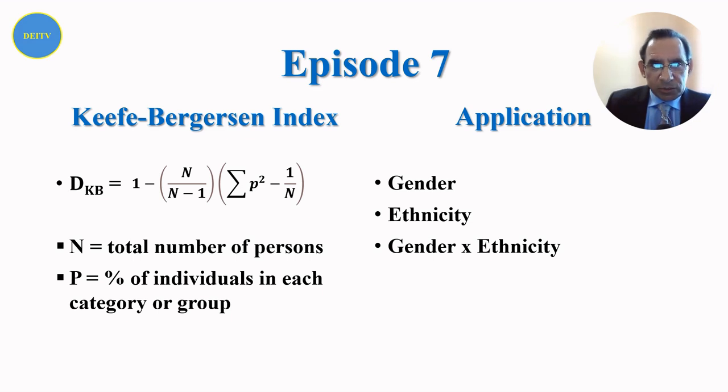P represents the percentage of individuals in each category or group. Consistent with this episode and those of the previous episodes, the index will be applied to the gender data, ethnic data, and gender by ethnicity data that have been used throughout the episodes so far. And the Keefe-Bruggeson Index will also be applied to the revenue data that's been illustrated in this episode and in previous episodes.